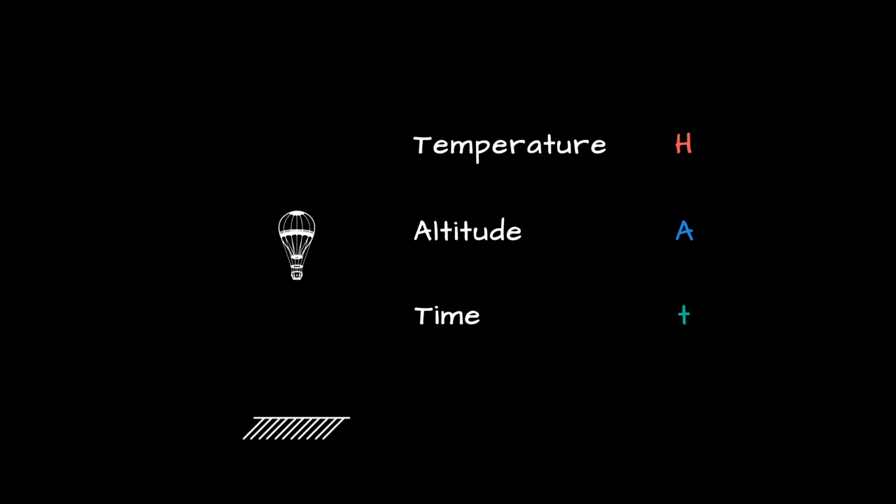And if we think about how these variables are related to one another, we'll see very quickly that they are linked together in a sort of chain. Indeed, the temperature H is a function of the altitude A, which is itself a function of time T. And so you see, what we have on our hands here is precisely a composition of functions.